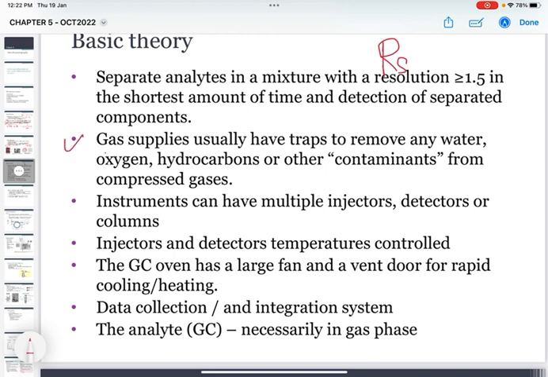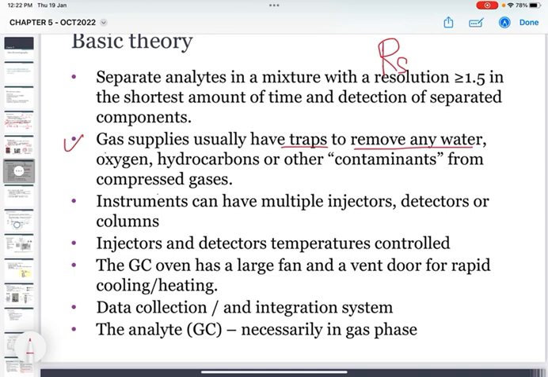Since we use gas as our mobile phase, we need to have traps or filters for that gas to remove any water, oxygen, hydrocarbon or other contaminants from the compressed gas.